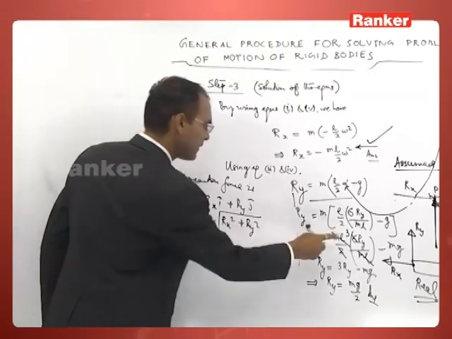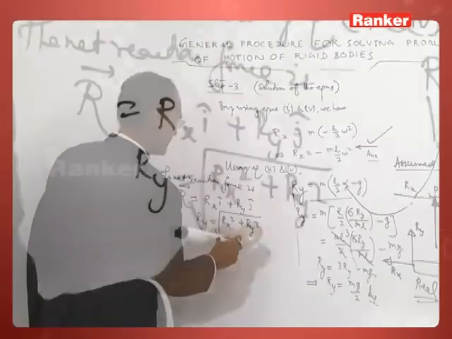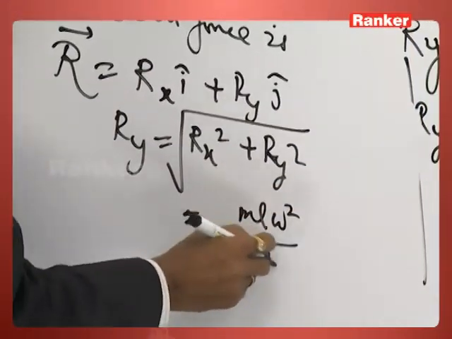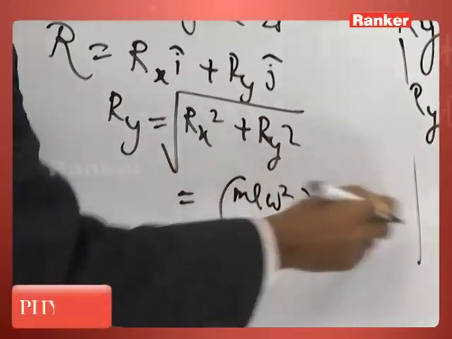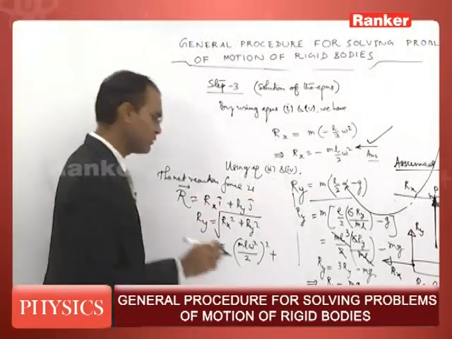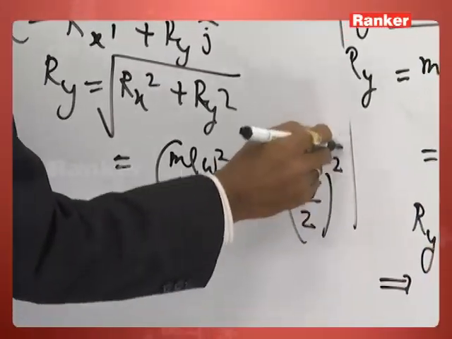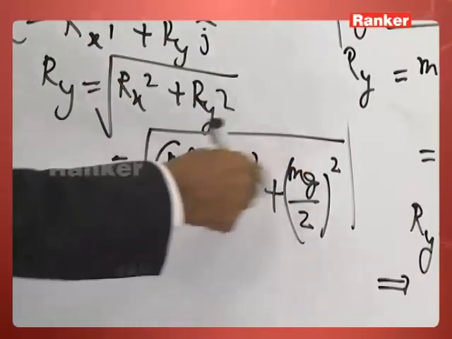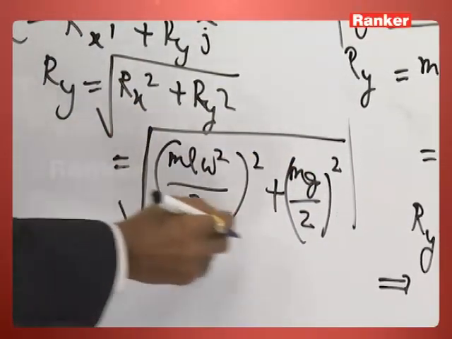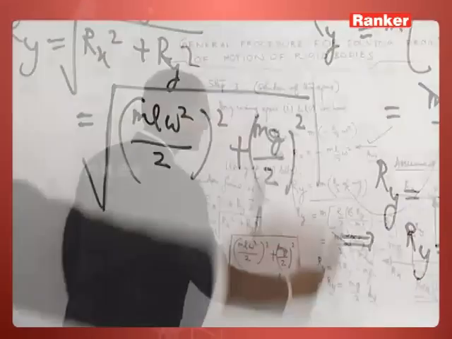What is Rx? That is m L omega squared by 2, squared. What is Ry? That is mg by 2, squared. Sum them up and take the square root. This is the magnitude of the reaction force.